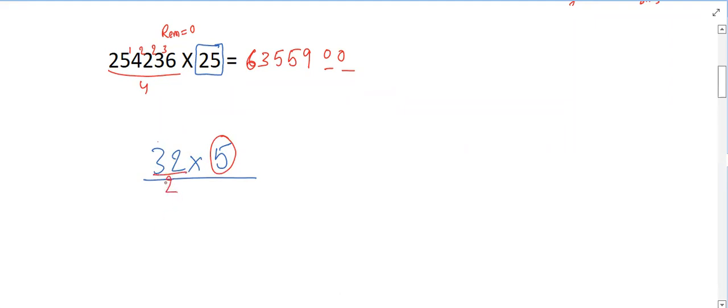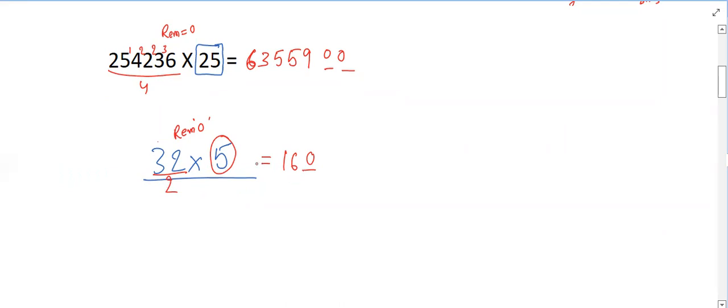So 32 by 2 is how much? Half of 32 is how much? 16. 16 with a remainder of 0 or 1? 0 only. 32 by 2, remainder is 0. If the remainder is 0, we simply keep the last digit as 0. That's your answer.